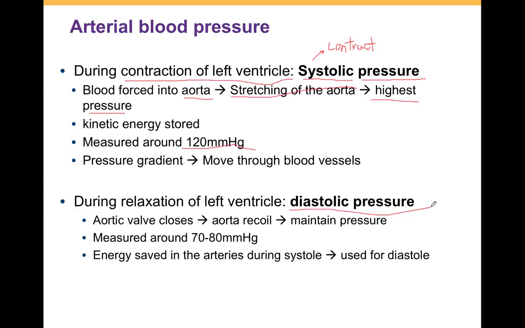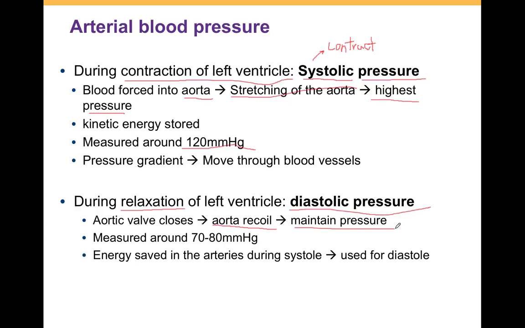So when my heart starts to go from contraction to relaxation, you drop the pressure, right? There is no force behind it anymore. So what happens to the aorta at that time? Remember, elastic tissue is known for its recoiling ability. So as the ventricle starts to relax, the aorta starts to recoil, and that gives it the ability to maintain pressure.